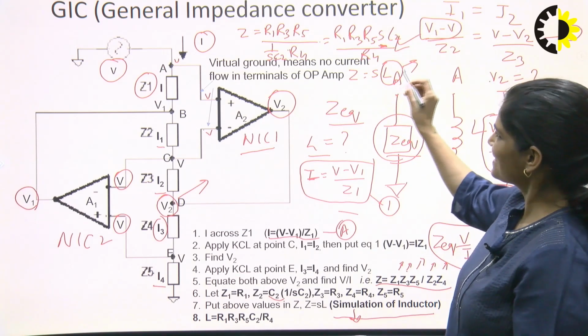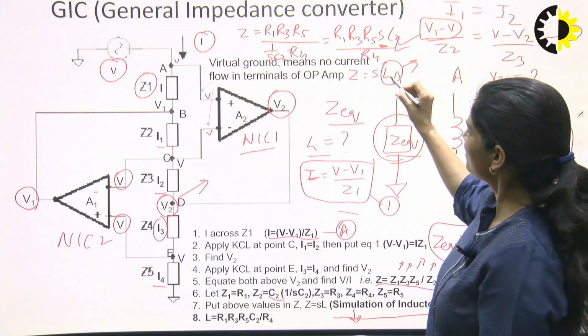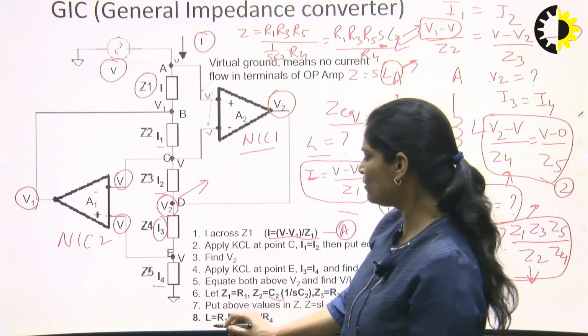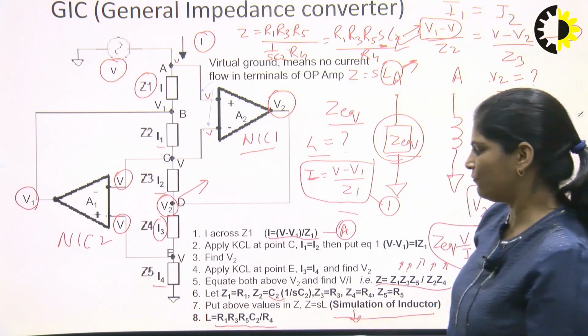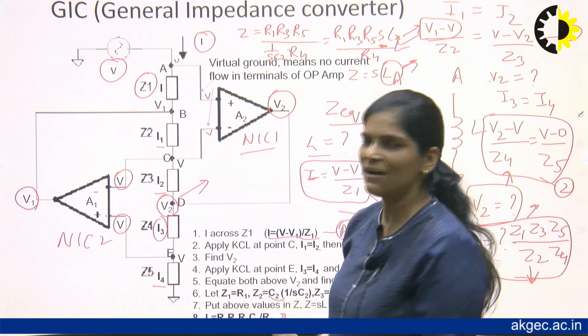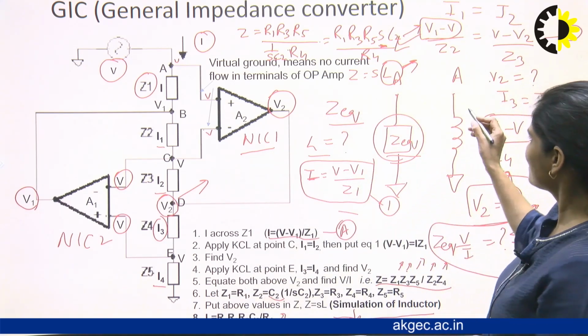Z is equal to SL. So L, when you will put all these values, you can find out from this equation. When you are comparing this equation and this equation, you will get here L is equal to R1, R3, R5, C2 upon R4. Here, when you put the values of resistor and capacitor, you can find out the inductor.